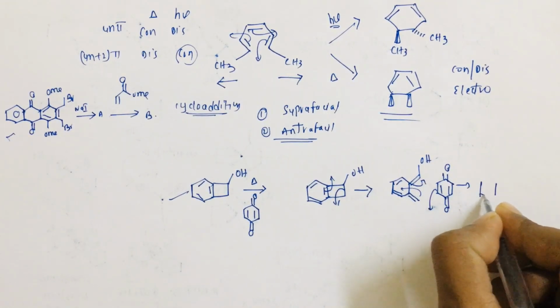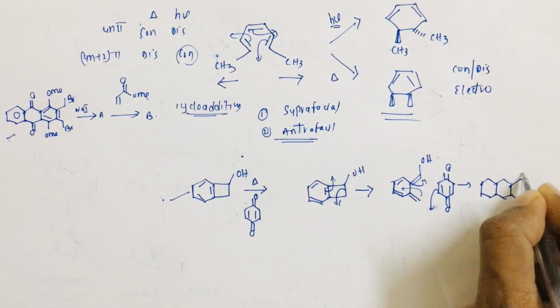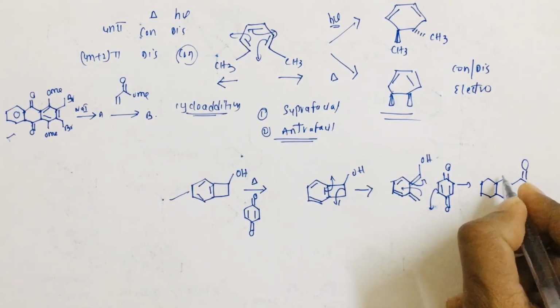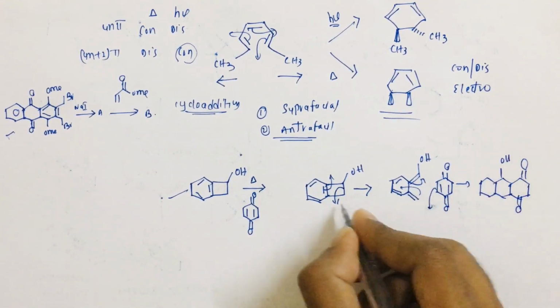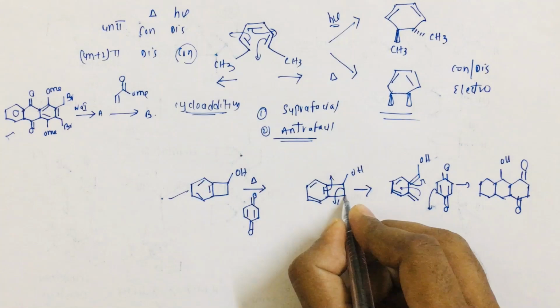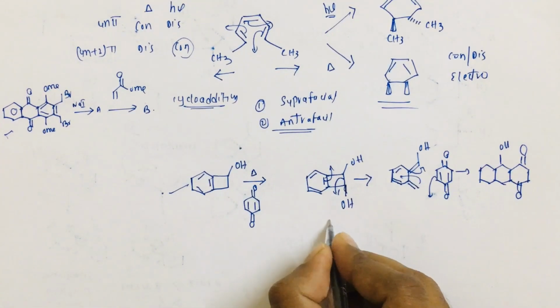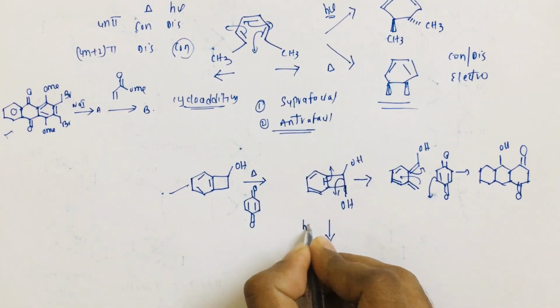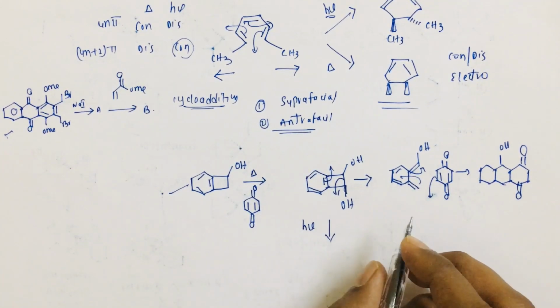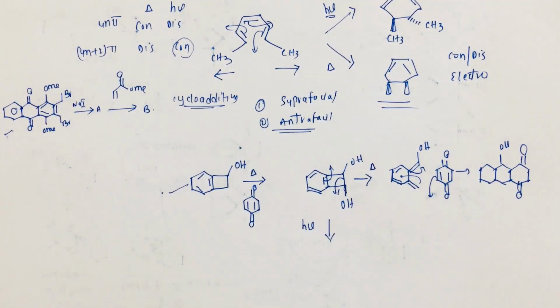This we can say is the Diels-Alder reaction. So since here no group is there, we need not worry about this; imagine that here OH is there. Okay, and the condition he has given is a thermal condition and a photochemical condition. Imagine this is the thermal condition and this is the photochemical condition.